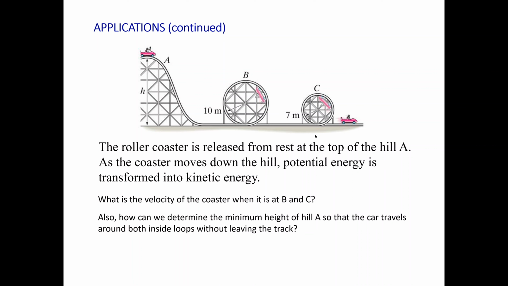Here's another example. In this case, you want to answer some questions about this roller coaster. You want to know the velocity of the coaster at B and at C, okay?